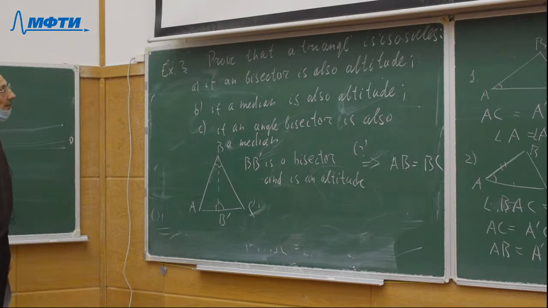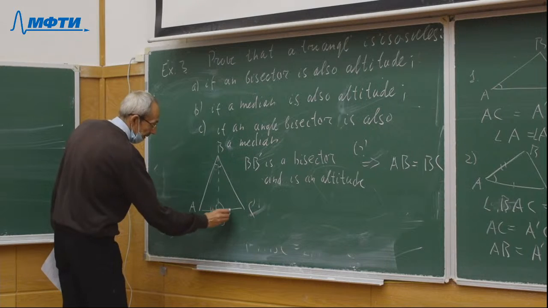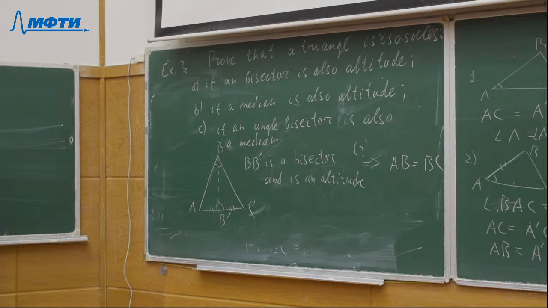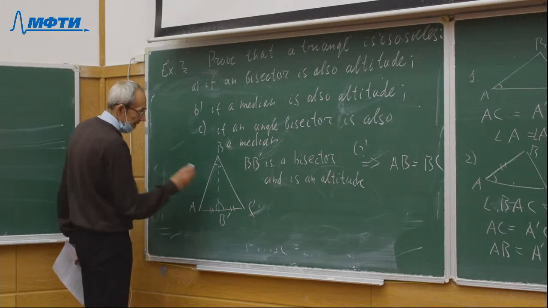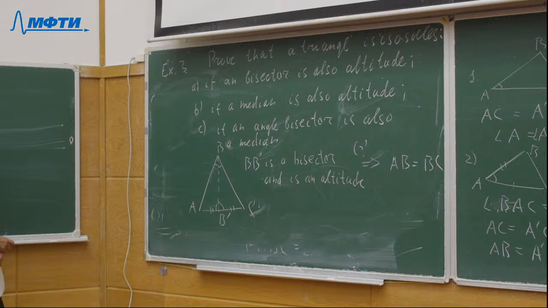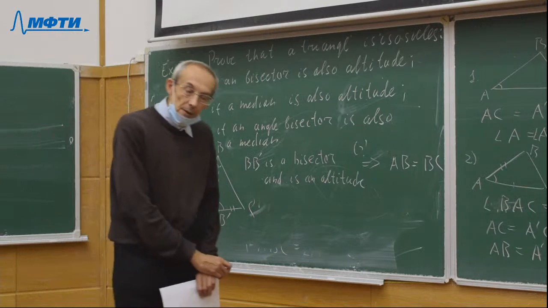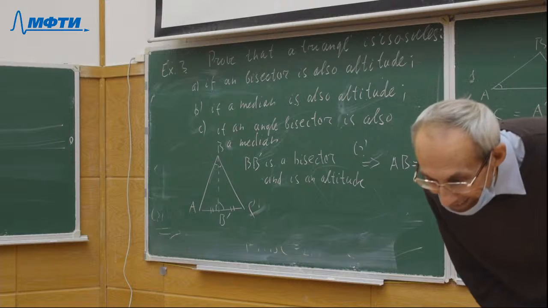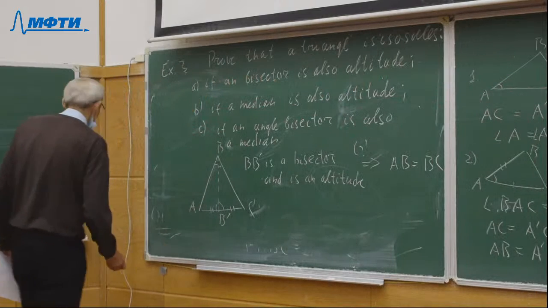B. If median is also altitude. Median, and we have AB prime here, side, and what means future? More hard. Maybe continue this.